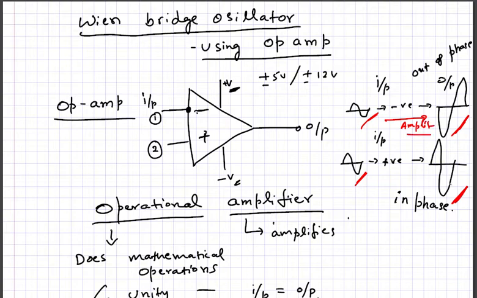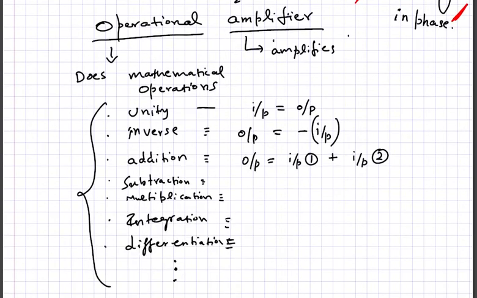Along with that, some operation is done, and by suitable combination of these inputs and by making use of capacitors, inductors, resistors, the output can be designed as per your requirement. So that is the basics about operational amplifiers.